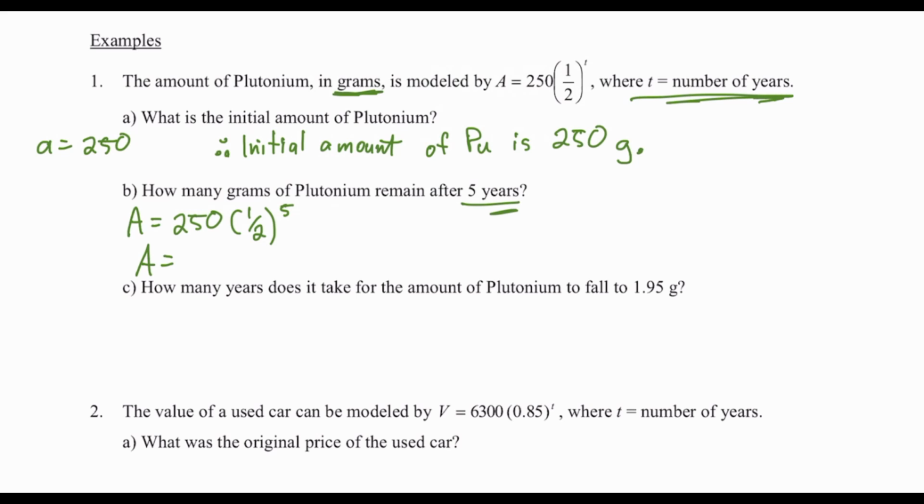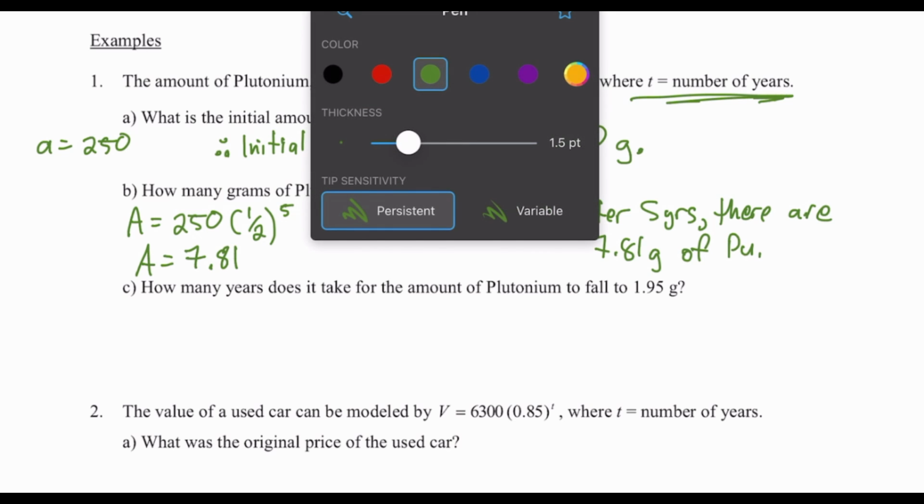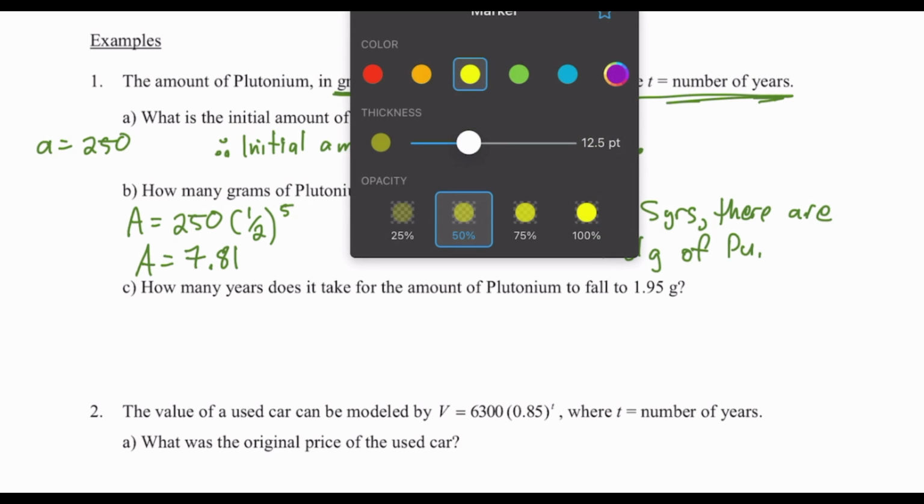And I'm going to round my answer, but it's going to be basically 7.81. Therefore, we need our concluding statement because it's a word problem. After 5 years, there are 7.81 grams of plutonium.